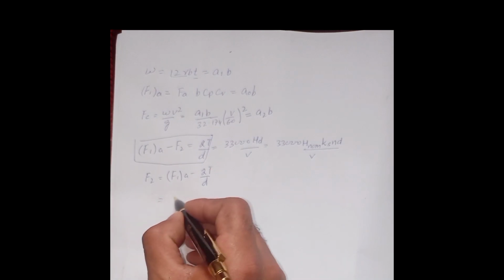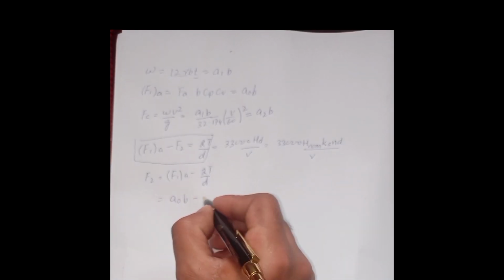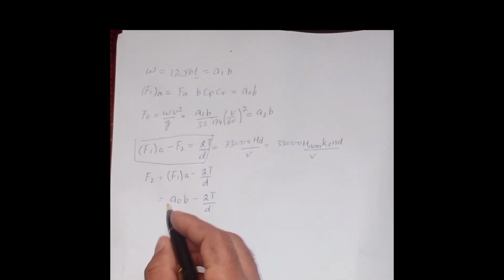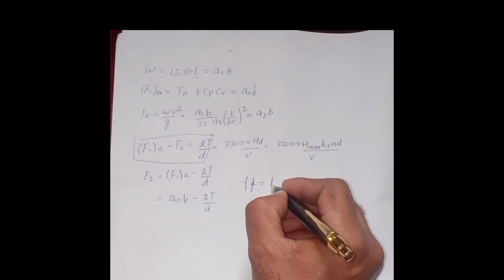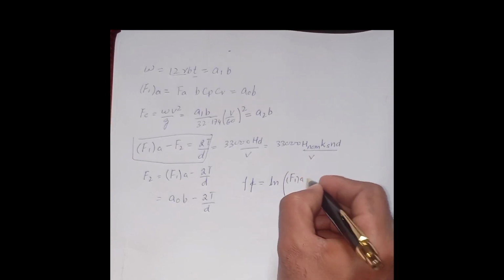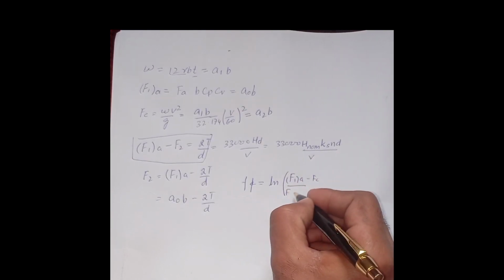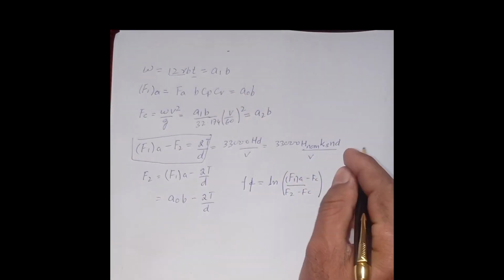Now you know that F1 is equal to a naught b, so you have to put that over here. According to the book, f phi is equal to ln of F1a minus Fc divided by F2 minus Fc. So if you put the values of F1a, Fc and F2, you are going to get this.